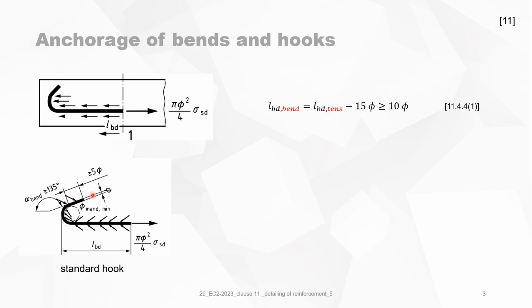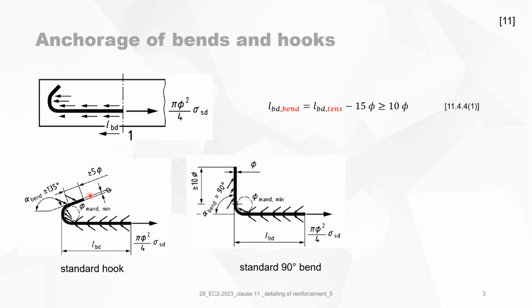For a standard hook, it is a standard hook with an inclination of 135 degrees, and the straight portion is 5 phi. You can also have a standard hook of 90 degrees, and then you will have a straight portion of 10 phi.